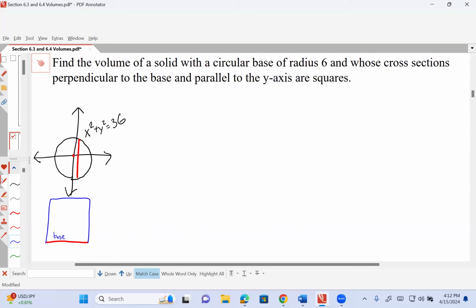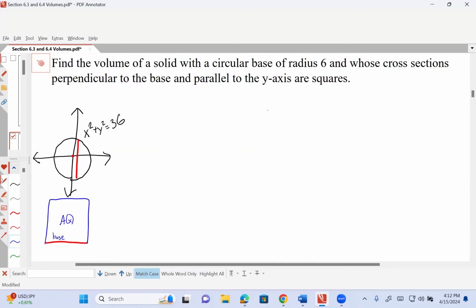And what our integral tells us is if we can find the area of this square in terms of x, we can integrate the area to find the volume.